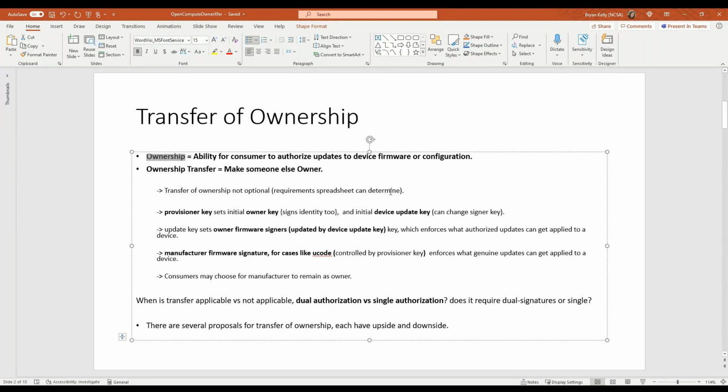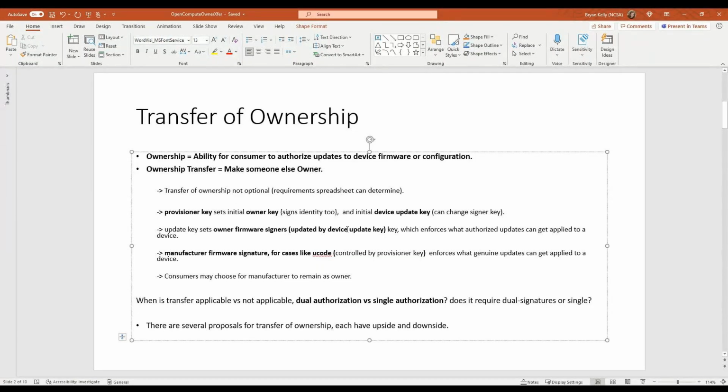A couple of things fell out of last week's discussion. One was that transfer of ownership is not optional. I think we agreed that the capability would be determined by the security level and requirement spreadsheet, not necessarily part of the spec, to determine what's optional and not optional.